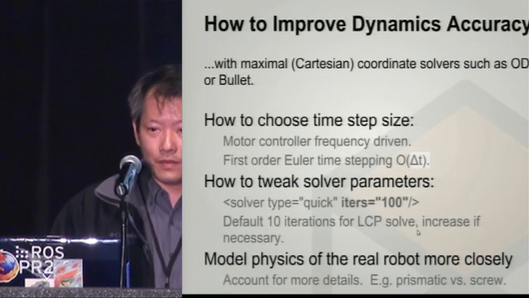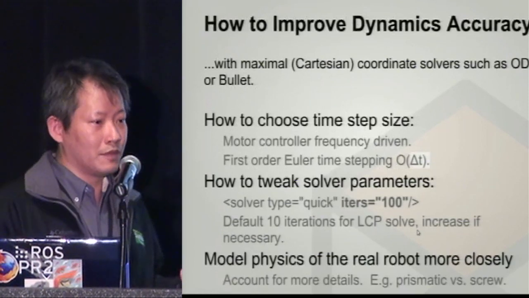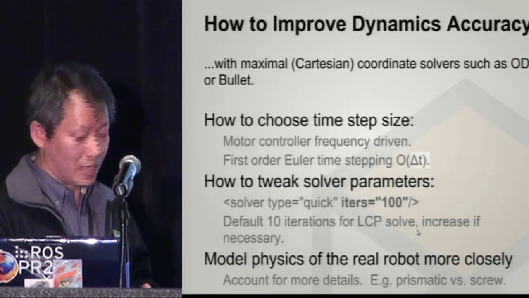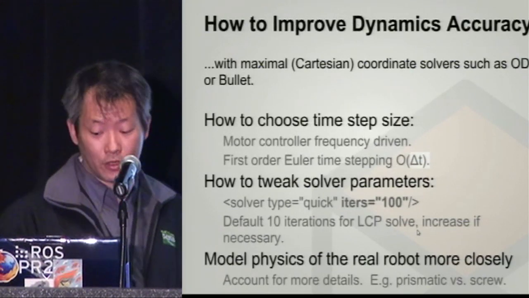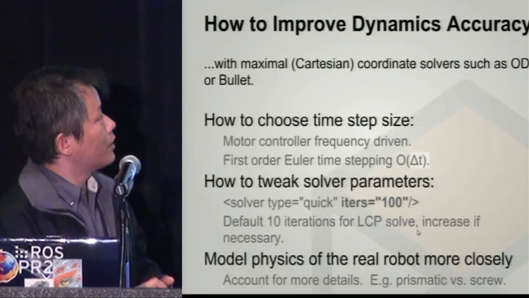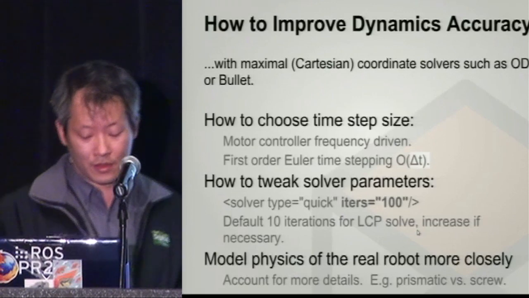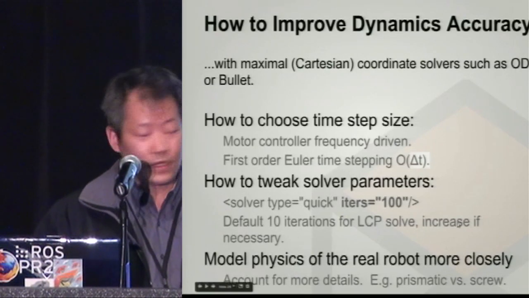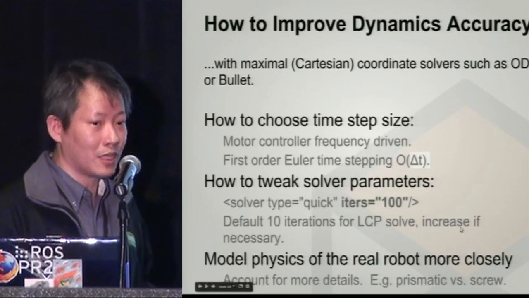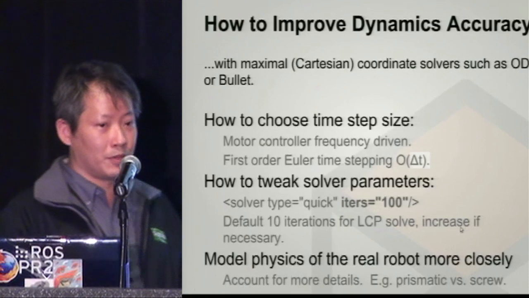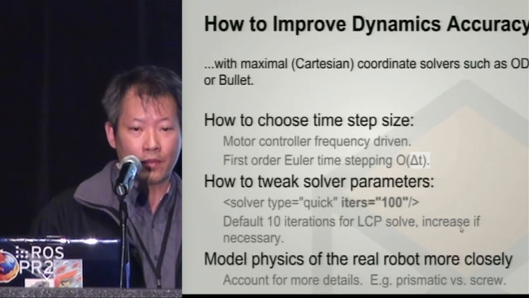So in case the accuracy of dynamics is important to you, there's a couple of things I want to mention on how to make the simulation more accurate. Since we're currently stuck with the maximal coordinate formulation for dynamics, one of the few things we can do is control the time step size, and how to pick a time step size for a dynamic model.